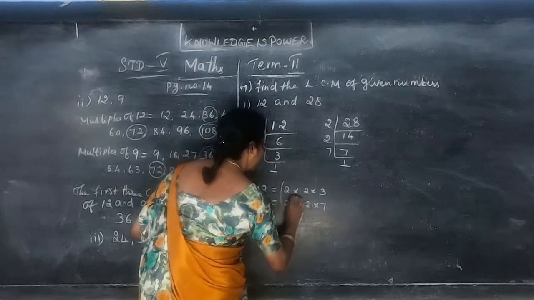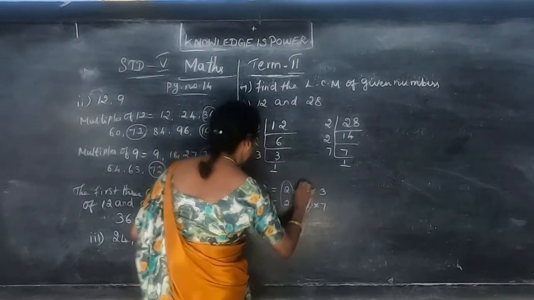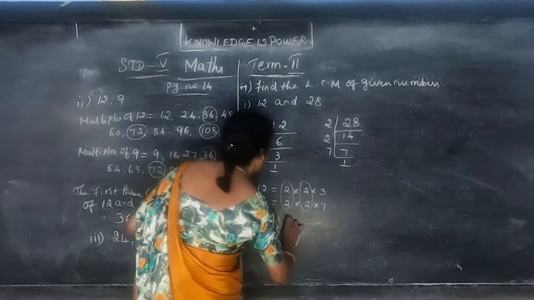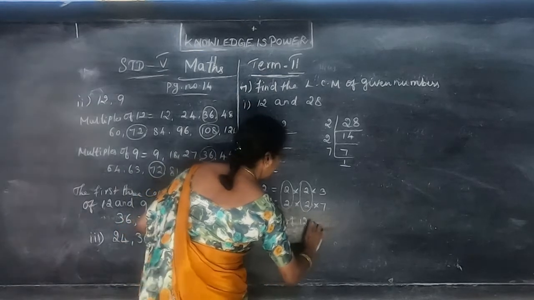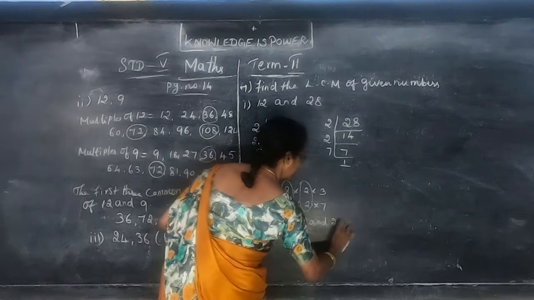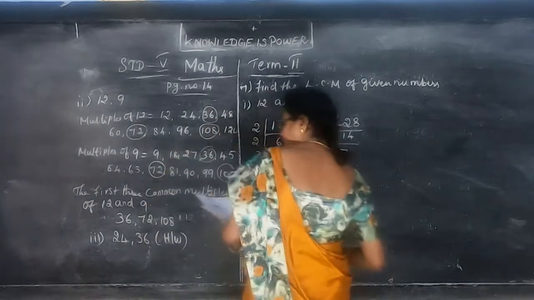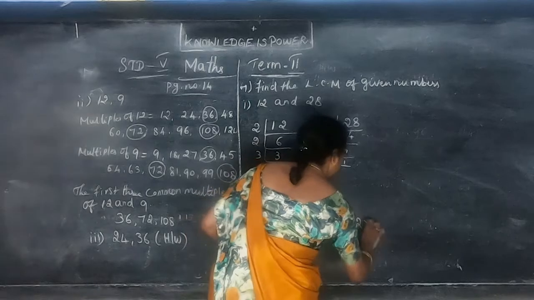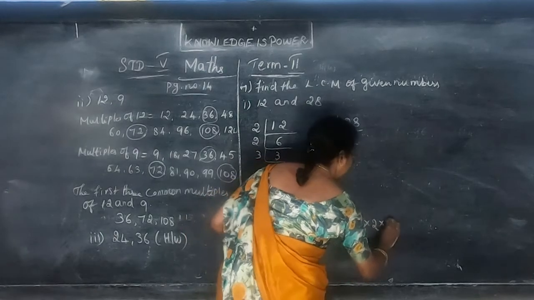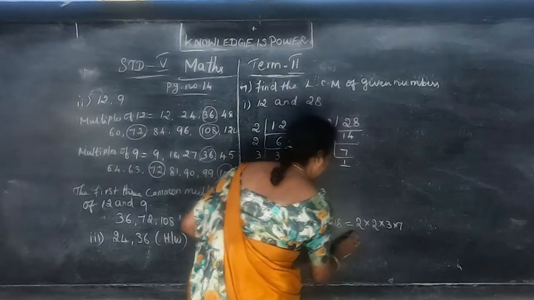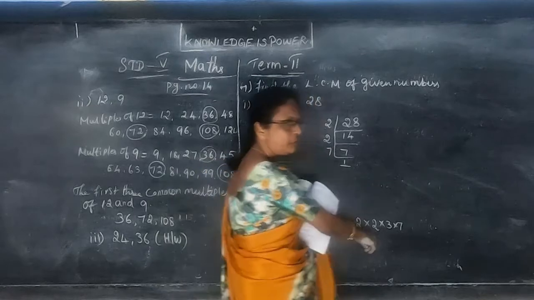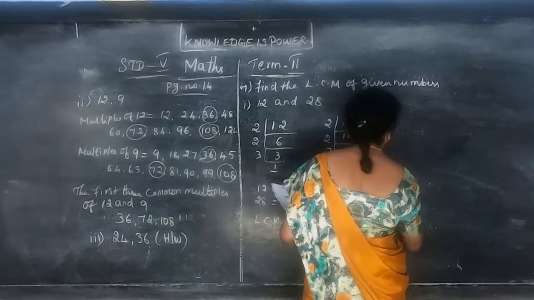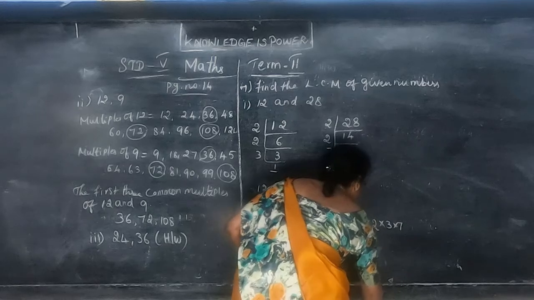What I told you: circle what is common to both. So the LCM of 12 and 28 is equal to: take one 2 from this pair of 2s, the remaining 3, and the 7. So multiply all these numbers: 2 2s are 4, 4 3s are 12, 12 7s are 84. So 84 is the LCM.